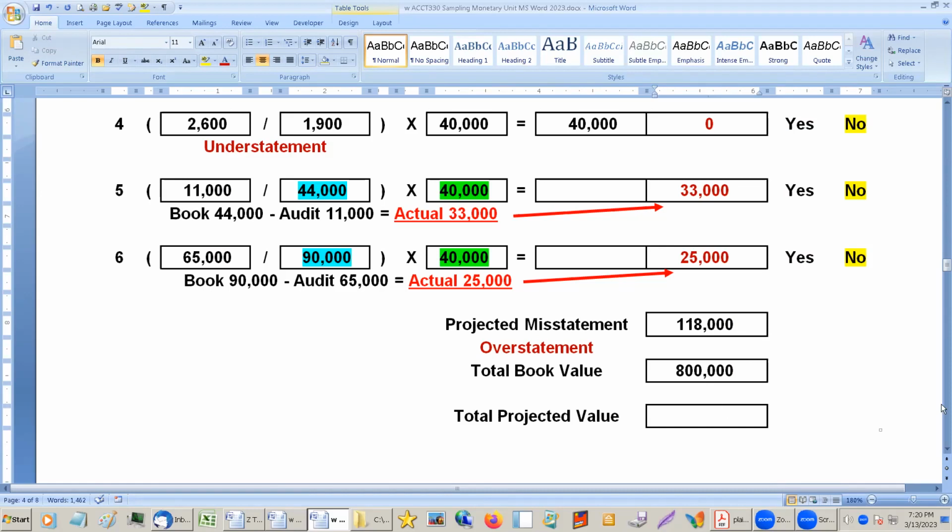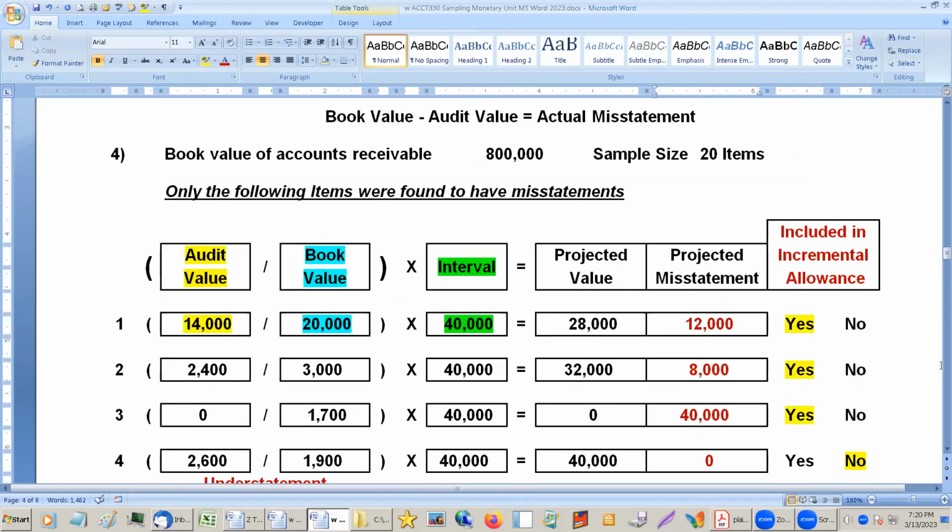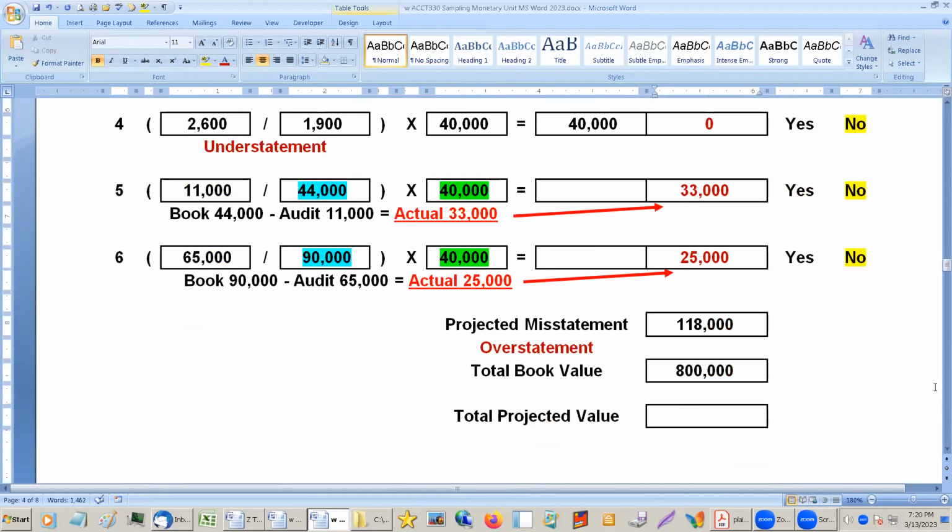So what would be the projected value of the accounts receivable? 682,000. Yeah, so this is overstated by 118, so this would be the projected value.